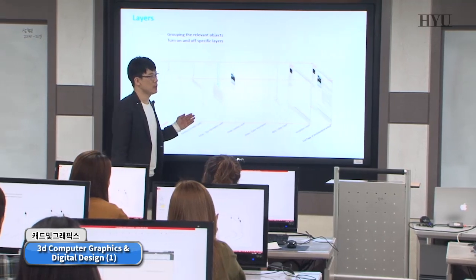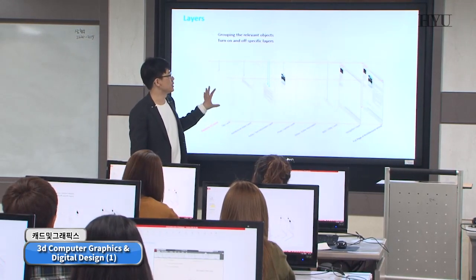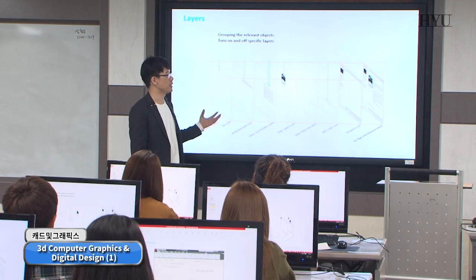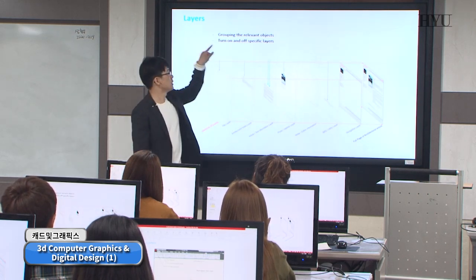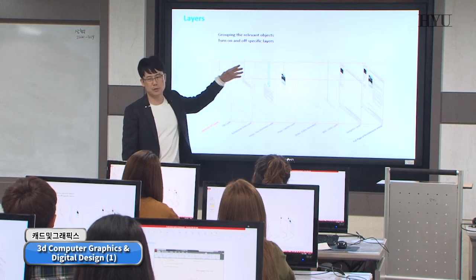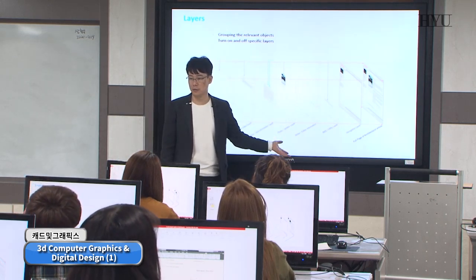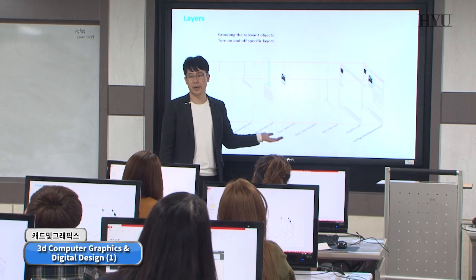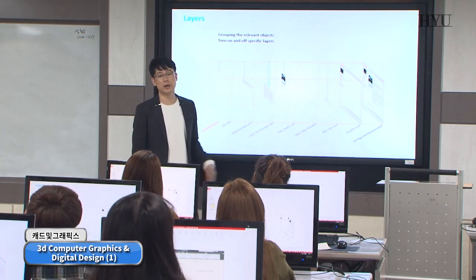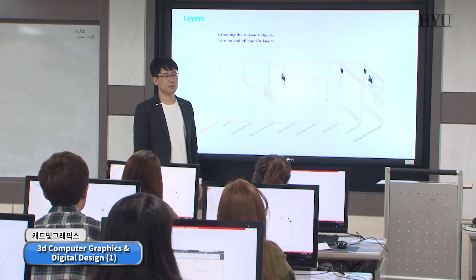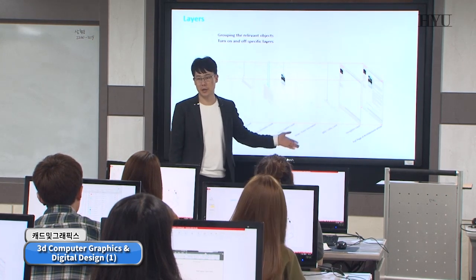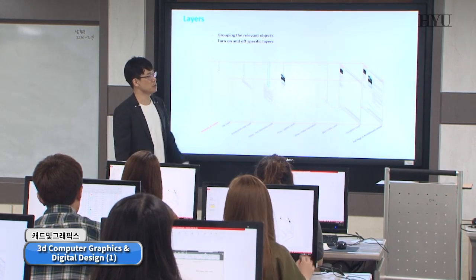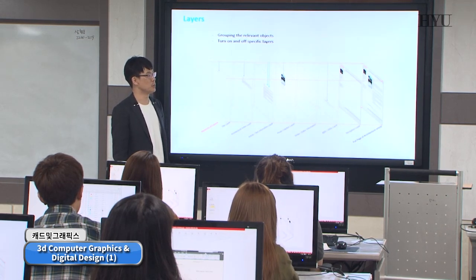So this concept of layer, or this layer function, is equipped in Photoshop, this kind of AutoCAD. How about SketchUp? SketchUp also has layers, okay? So you can control layers in order to turn them on and off easily. How about 3D Max? It also has layers. Layer is a very frequently used concept and very important and useful thing, so you have to remember.